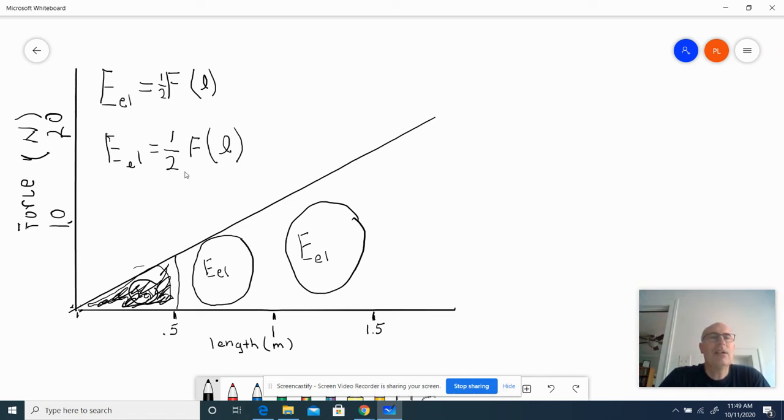So let's use this equation and find the energy that's in the spring. All right, so I'm going to go along on my whiteboard and I will write energy elastic equals 1/2 times the force, which is on the left-hand column. And let's try to figure out how much force that is right here.